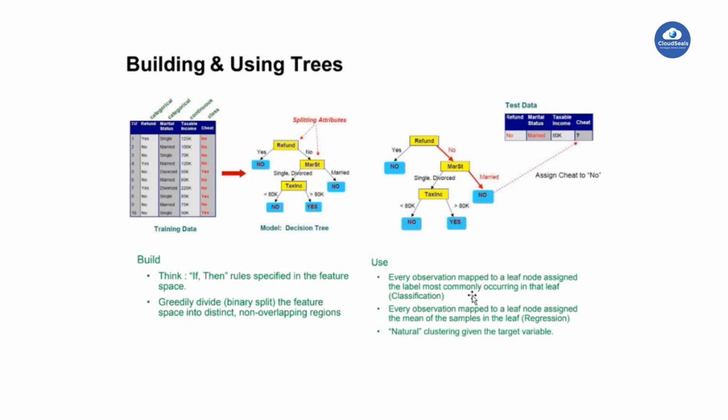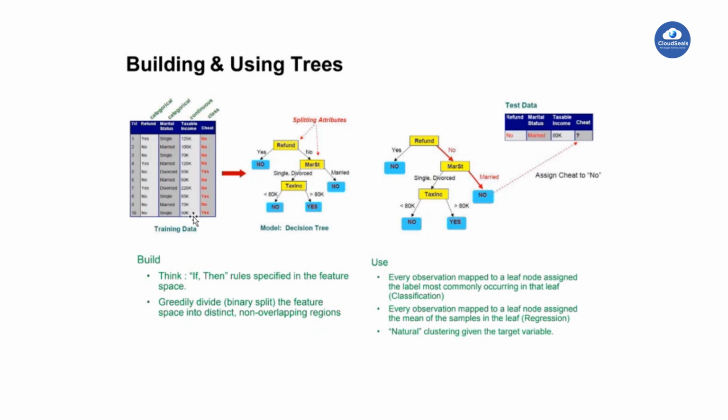Every observation is mapped to a leaf node and assigned the label most commonly occurring in that leaf. For example, taking 125, 120k, 70k, 100k: this is no; 95k: yes.